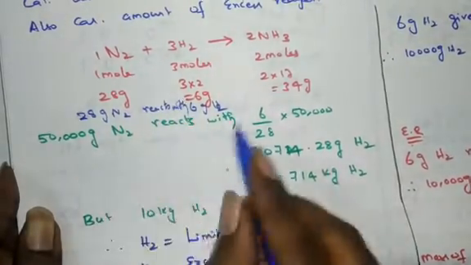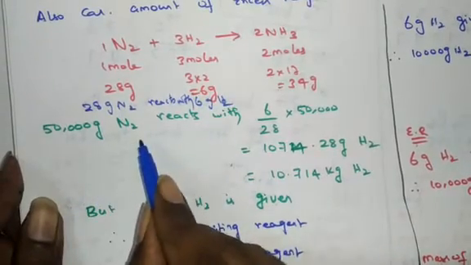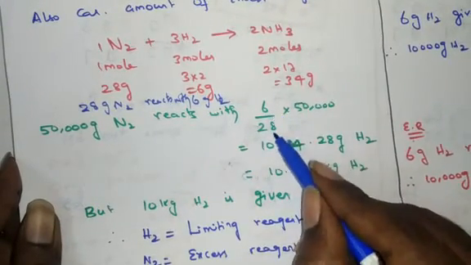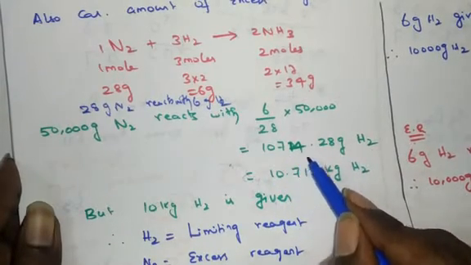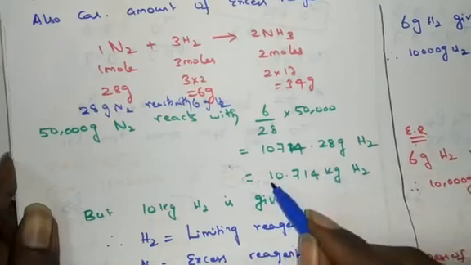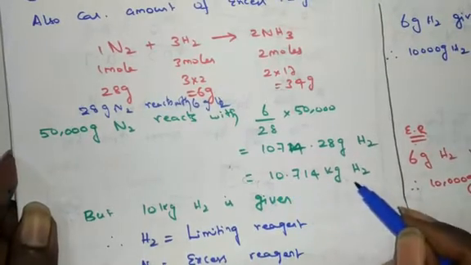Therefore, 50,000 grams of nitrogen reacts with 6 by 28 into 50,000, that is 10,714.28 grams of hydrogen, which is 10.714 kilograms of hydrogen.